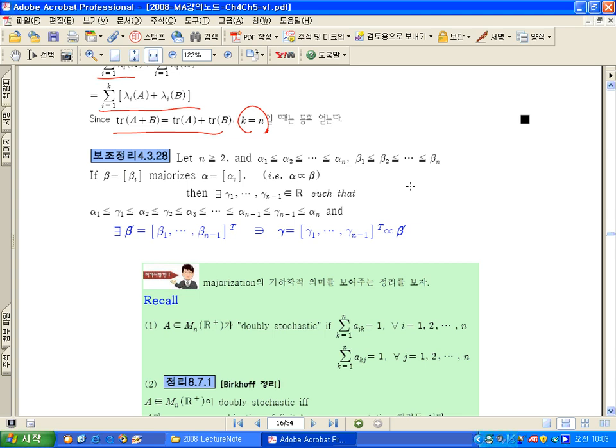And a corollary. When n is greater than or equal to 2, and the alpha i's are arranged in the increasing order, and the beta i's are arranged in the increasing order.